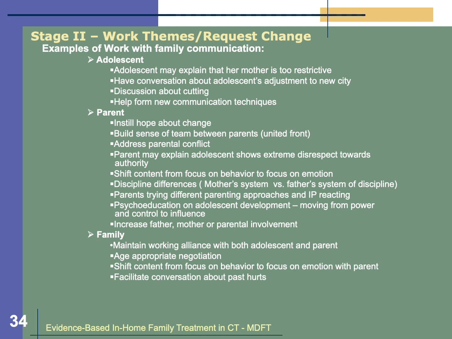And then we start to get the parents and the kids to talk about what happened in the past, but in a way that builds on that communication. So we get parents to talk about how they felt in the past when things started to change, and we get the adolescent to talk about when they felt like things went downhill. And if you go back to the family cycle, it'll help you think through this process.